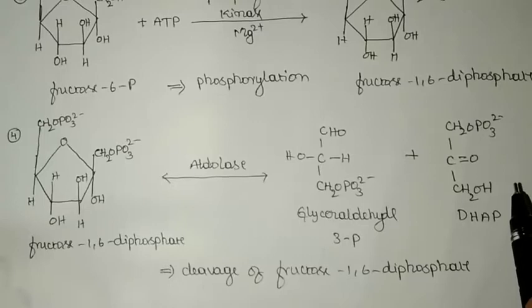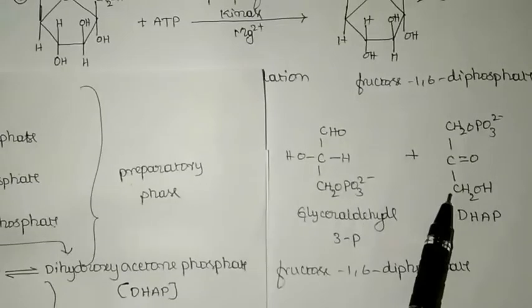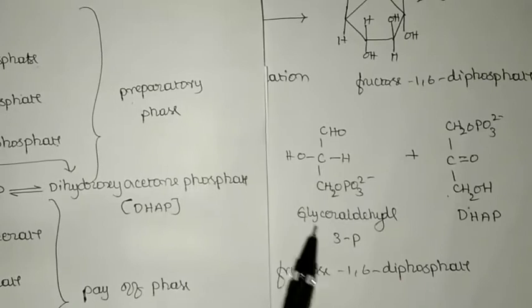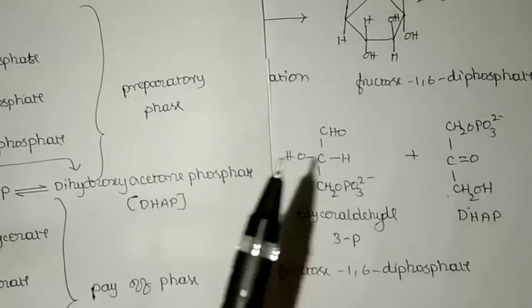And in the fifth reaction, that we have given in the flow chart, the dihydroxyacetone phosphate, which is produced in reaction number 4, will convert back reversibly to glyceraldehyde 3 phosphate. That will be the fifth reaction.